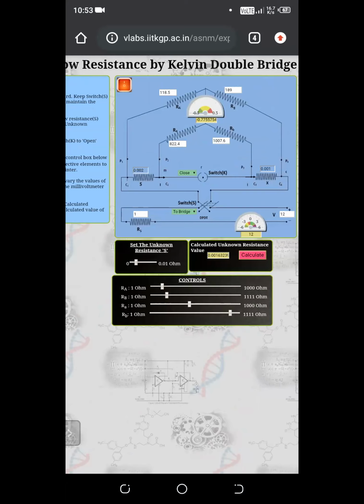Yes, reduce, just reduce. This is going to the minus position. Just do the opposite action. Yes, up to 0.05.